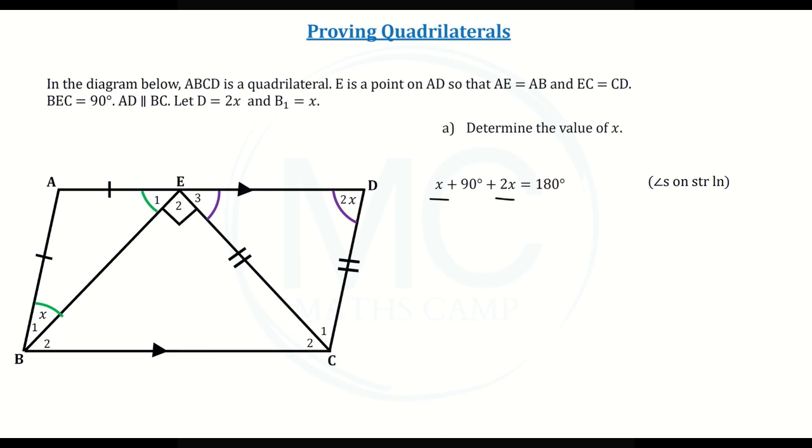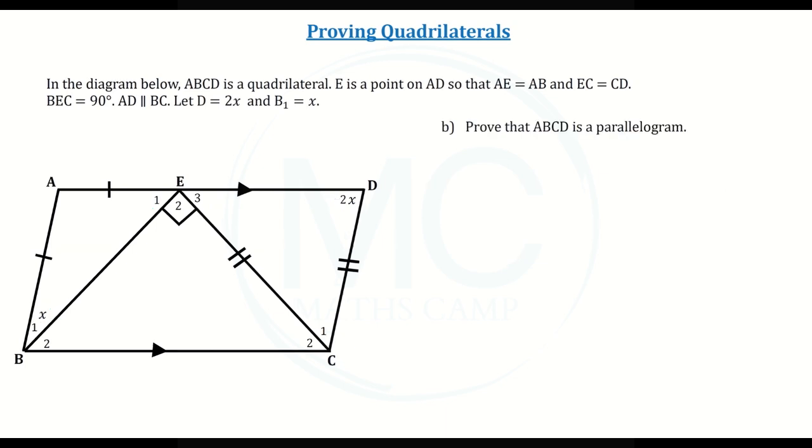We have x plus 2x, which gives us 3x. We say is equal to, let's move 90 to the right, and we get 180 degrees minus 90 degrees, which leaves us with 90 degrees. Now to get x by itself, let's divide both sides by 3, and we get x is equal to 90 degrees divided by 3, which is 30 degrees. This is the value of x.